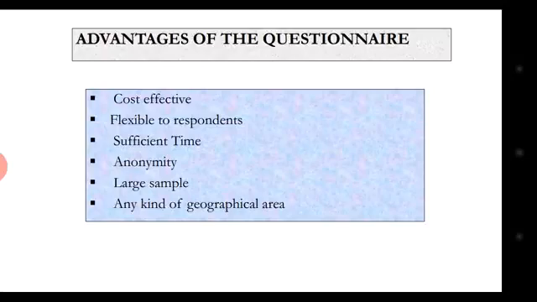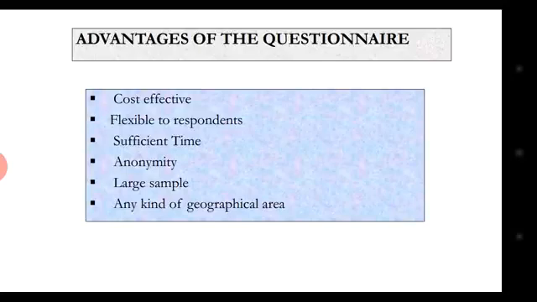And a large sample can be administered. That is one advantage, because if you have a large number of samples, the occurrence of errors will be minimized, since with a small number of samples we cannot make many decisions.